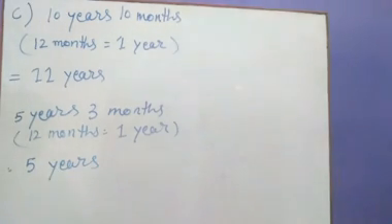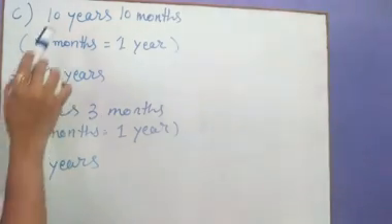The next is C. To the nearest year. First one, 10 years, 10 months. I repeat, 10 years, 10 months.